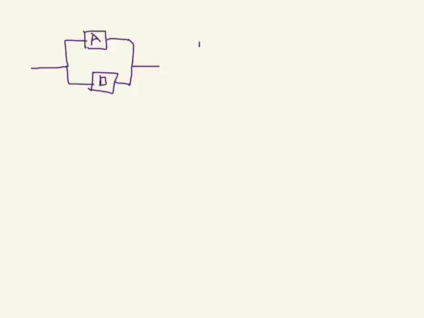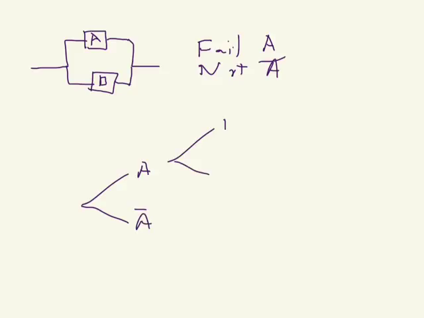I'm going to denote fail like that, and not fail is going to be a little hat. So we start with the possibilities that A is going to fail or not fail, and then B is either going to fail or not fail, just listing out all the possibilities that might happen.